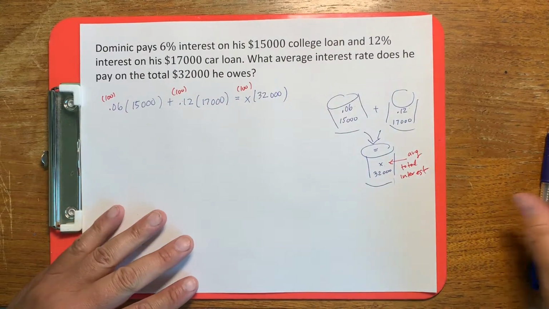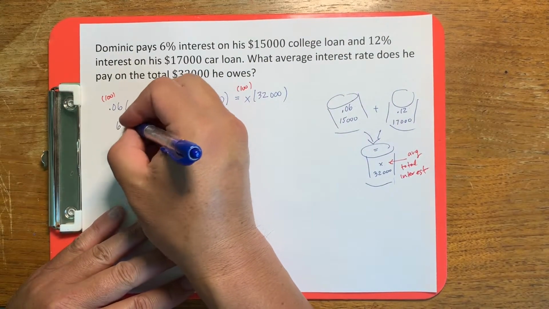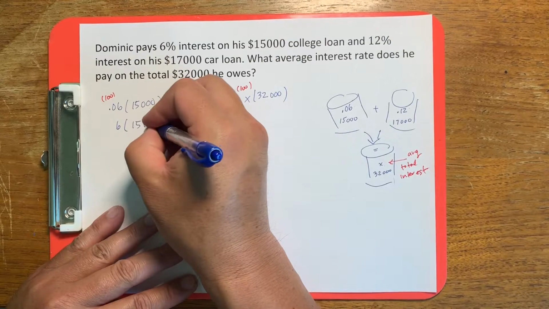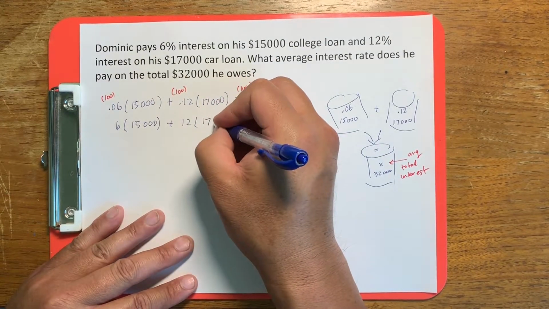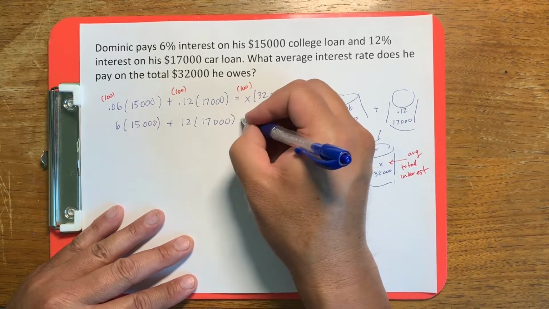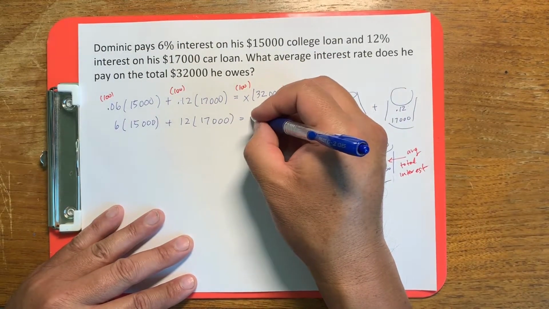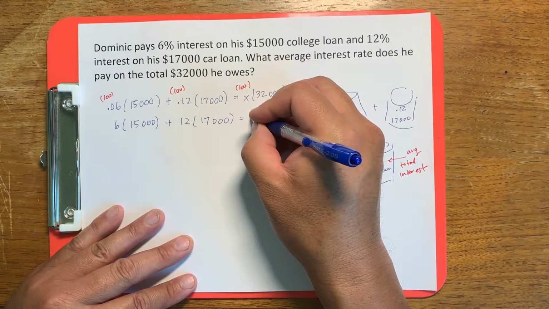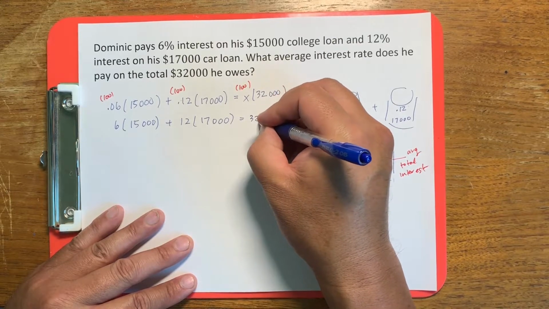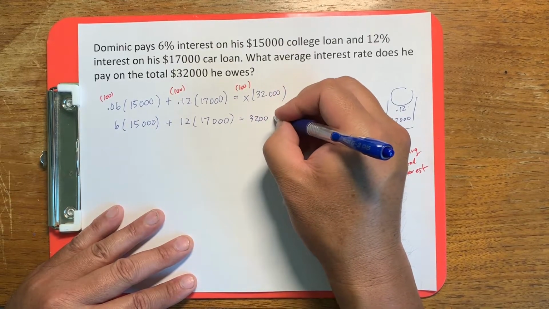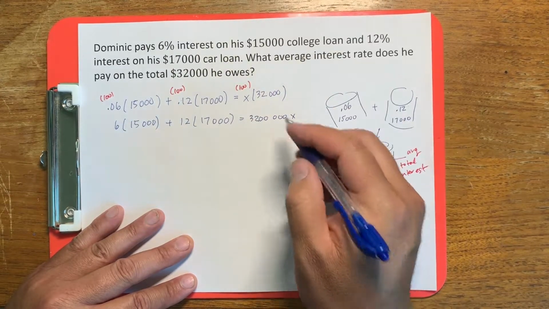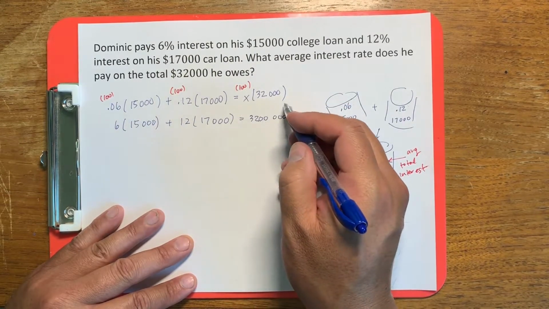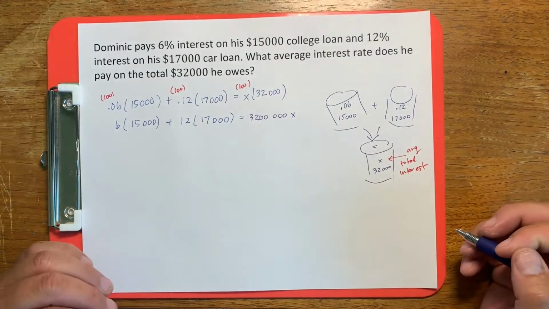So now we have 6 times 15,000 plus 12 times 17,000 is equal to 3,200,000 X, right? 1, 2, 3, 4, 5 zeros.